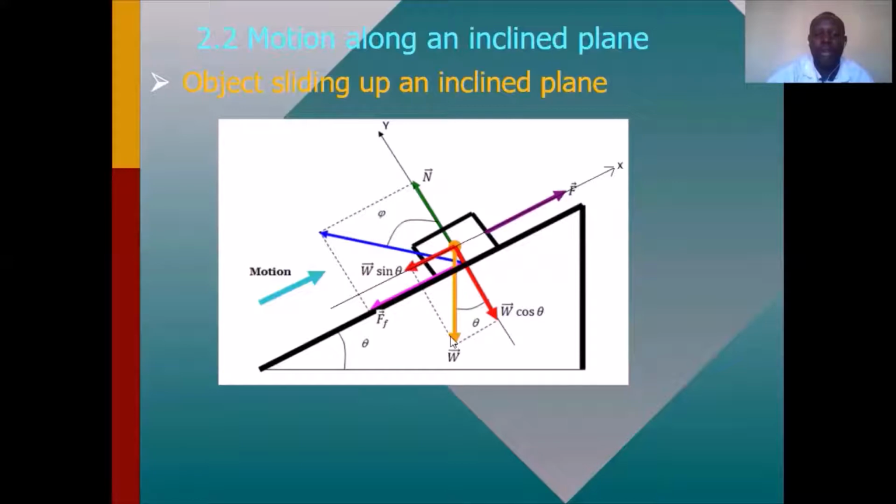So for the weight, by using this angle theta, we are going to do the projection of the weight on the y-axis and the projection of the weight on the x-axis. The projection of the weight on the y-axis gives us weight cosine theta. It is the component adjacent to the angle theta. And the component of the weight on the x-axis is weight sine theta. It is the component opposite to the angle theta, because it is equal to this one.